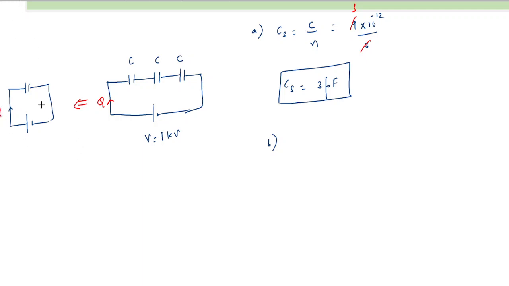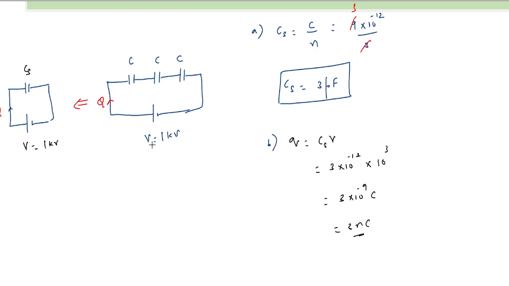This capacitance should be the equivalent capacitance Cs, where the voltage is equal to 1 kilovolt. So Q would be Cs into V. Cs is 3 into 10 power minus 12 and V is 10 power 3 because it is kilovolt. That is 3 into 10 power minus 9 coulomb, or 3 nanocoulomb.